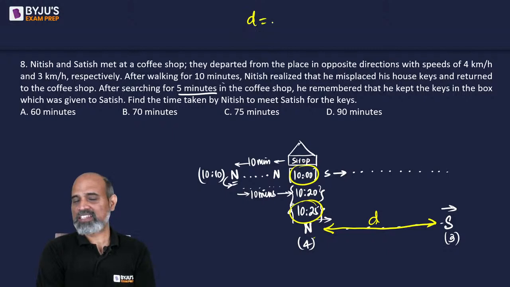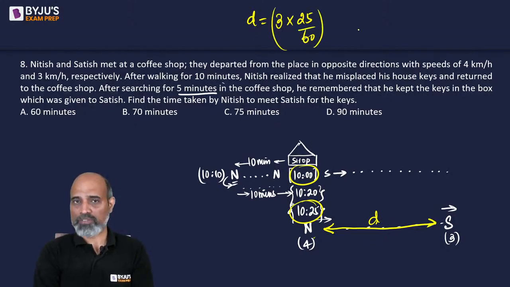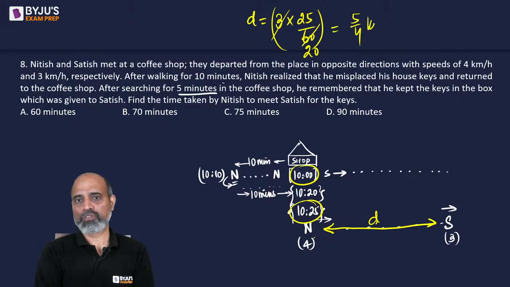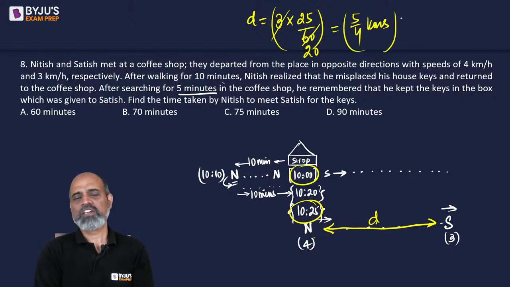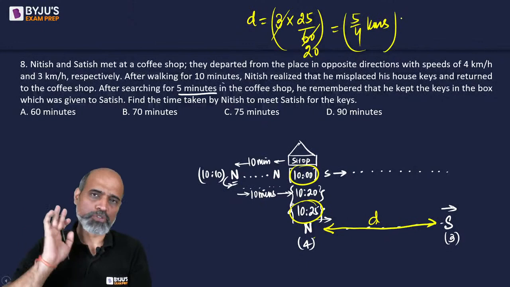So can we say this distance is speed into time, speed of Satish into time taken by him. Time taken by him is 25 minutes out of 60 minutes. So I'm going to convert this into kilometers. So I have written it like this. So ये 20 times हो जाएगा. 25 by 20 is 5/4 kilometers. 1.25 kilometers दूर सतीश पहुंच चुका है.